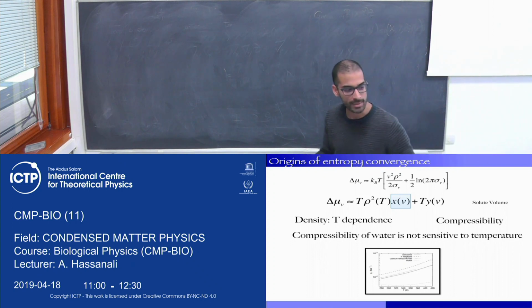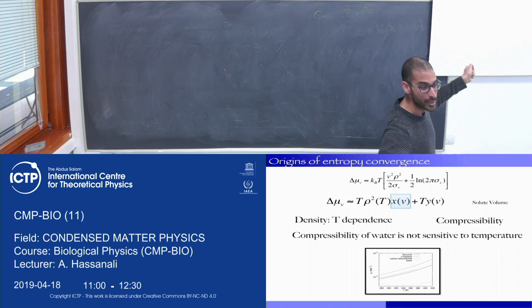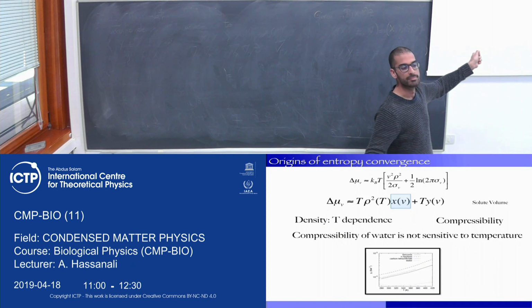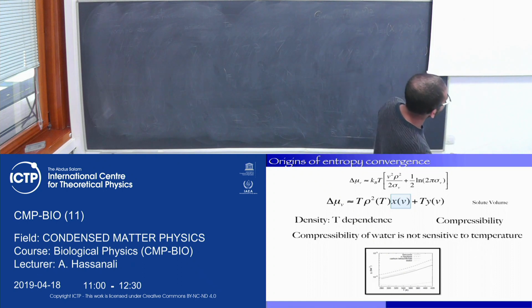And now I'm going to ask, if I consider different liquids, is there a big change in the temperature dependence of the compressibility? Is there a big change in the temperature dependence of the density? It's a very simple argument.